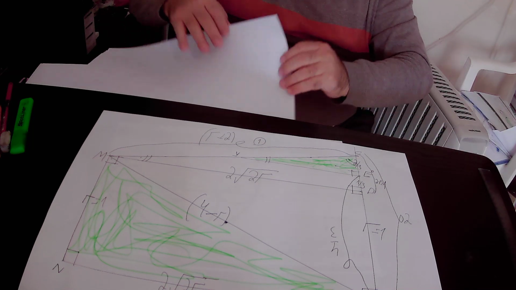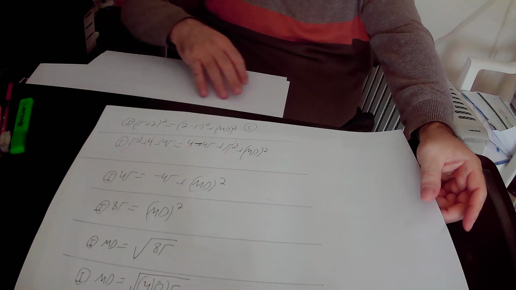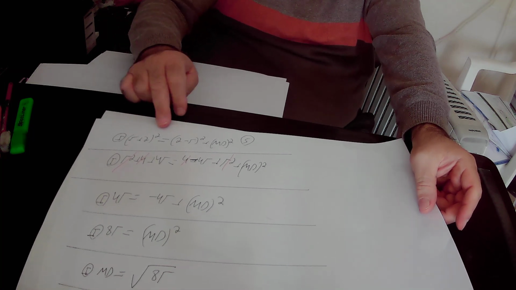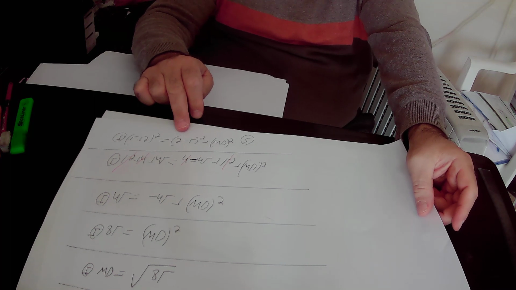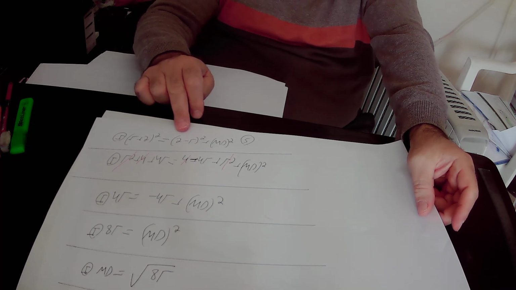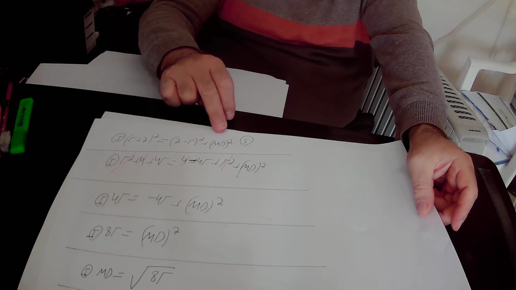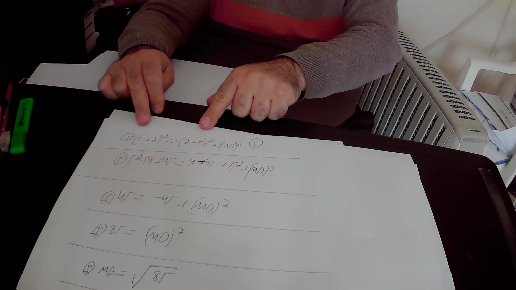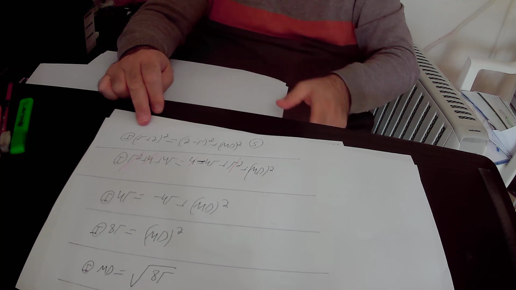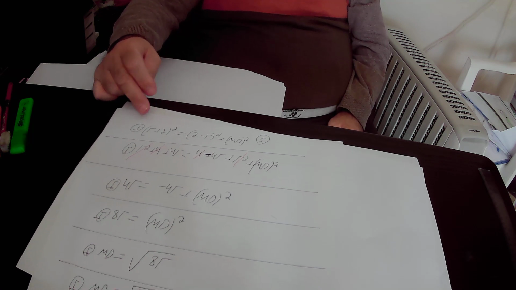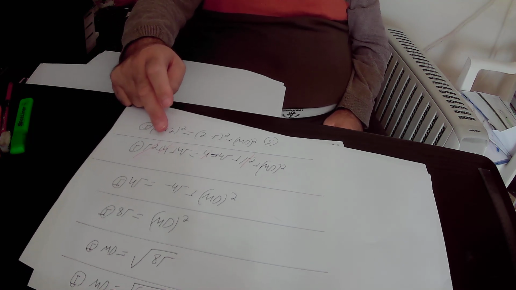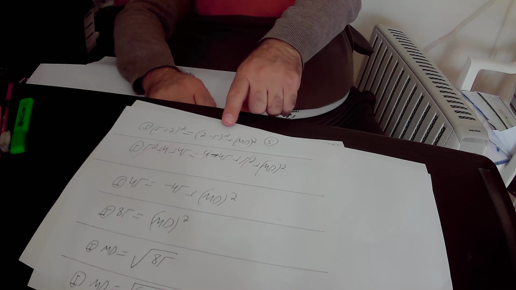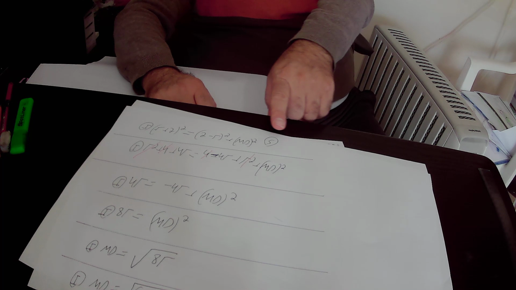Then we know that MC equals R plus 2, so MC square equals R plus 2 square, and it equals CD square plus MD square. CD equals 2 minus R, so CD square equals 2 minus R square, plus MD square. We open the brackets on both sides of equation number 1, and we found out that R plus 2 square is actually R square plus 4R plus 4, and 2 minus R square is actually 4 minus 4R plus R square, plus MD square.